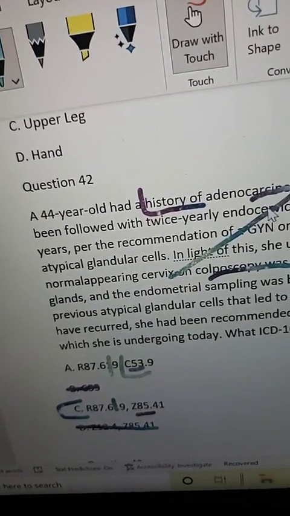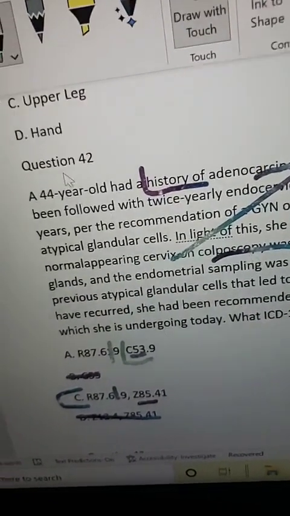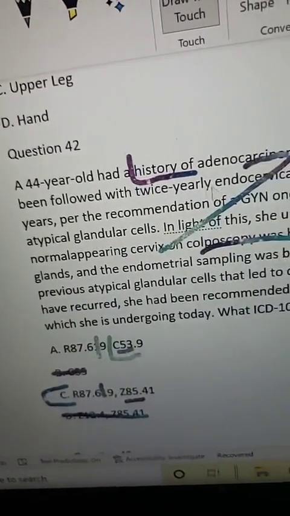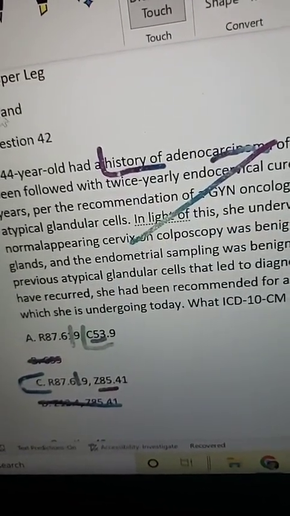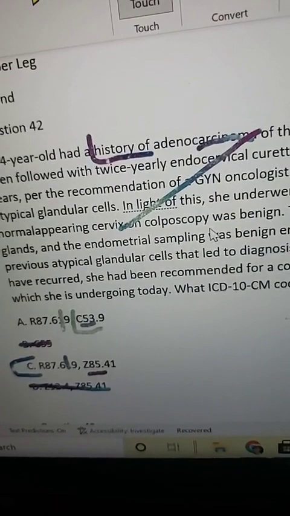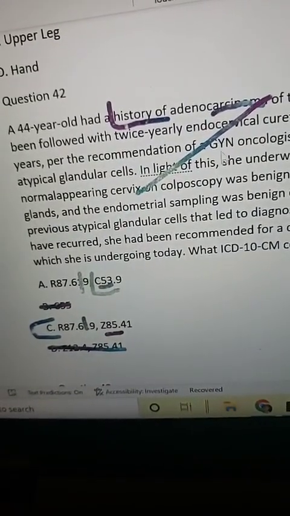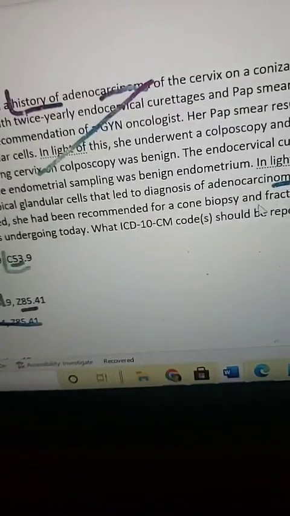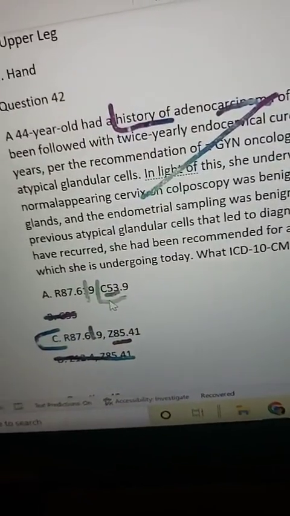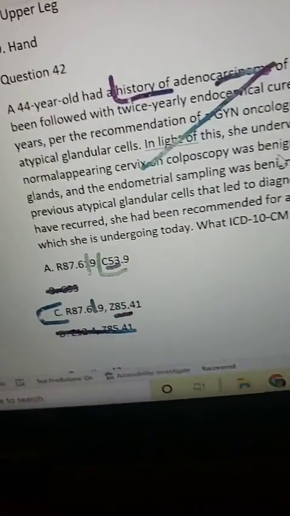She had this procedure done before and they found it to be benign last time, right there. See? And she still hasn't gotten that diagnosis. This was just all fluff to tell you she keeps coming in and we keep doing biopsies. She's still concerned she's got this. So we'll do C.